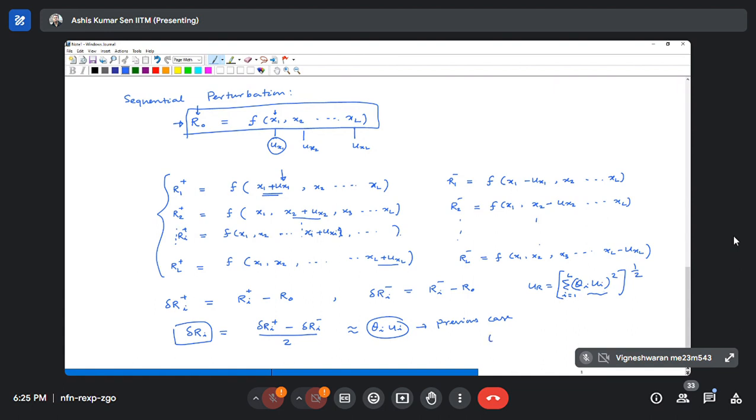So your uncertainty in your result U_R is going to be the sum i equal to 1 to L of delta Ri squared, to the power half. Okay, so this is how you are going to find the uncertainty in the dependent variable using the sequential perturbation method.